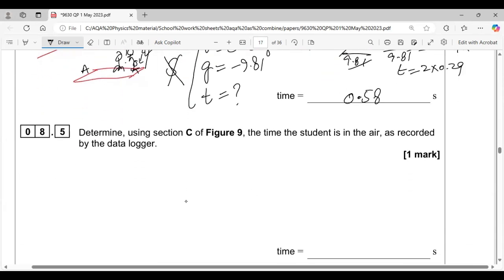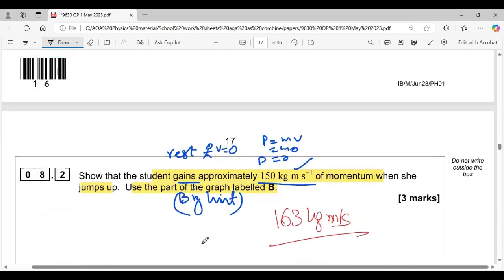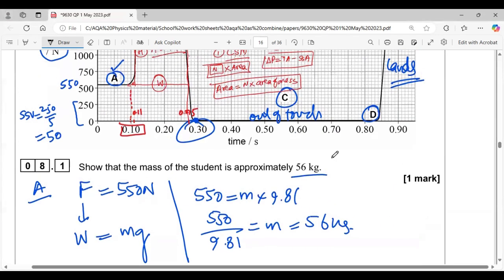Okay, determine using section C of figure 9 the time the student is in air as recorded by the data logger. This is just reading the x-axis when that is 0, right? So you have to just read that time, and that time is almost 0.56 maybe. Yeah, you have to just look from here.